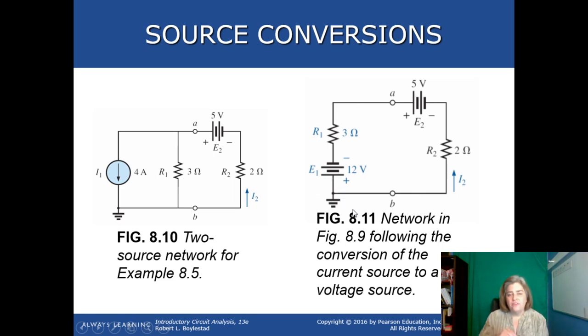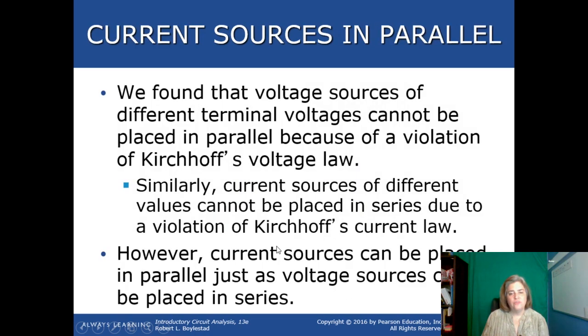We now have a series circuit with 2 voltage sources, and you probably remember from Circuits 1 that we can combine those. So we've got the 12 volt source here and the 5 volt source here. That's 17 volts. Looks like they're facing the same direction. Divided by 5 would give you your current. So that's one reason we might want to do a source conversion.